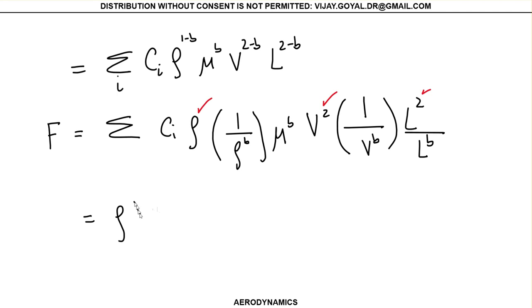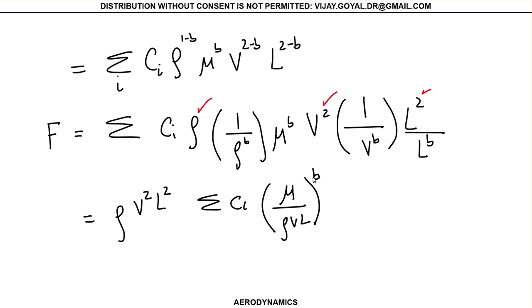So now this becomes L squared times rho V squared times L squared, and summation of Ci, mu over rho V L, to the bth power. Okay, and if you recognize that this term right here is nothing else than the Reynolds number.